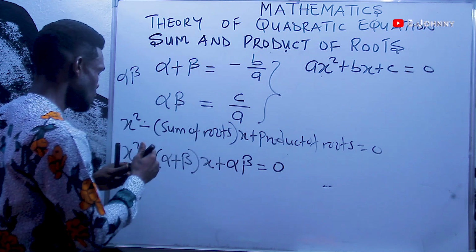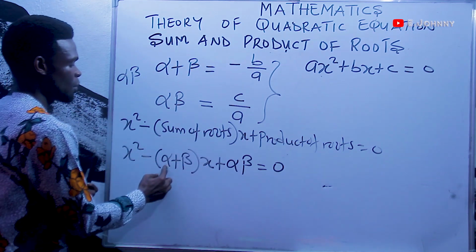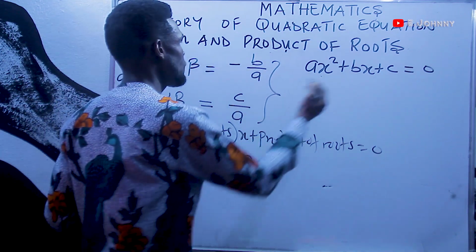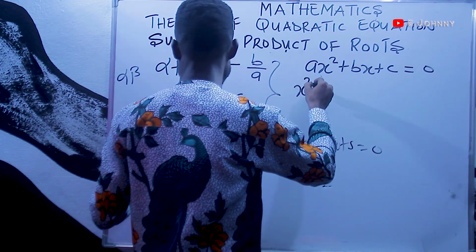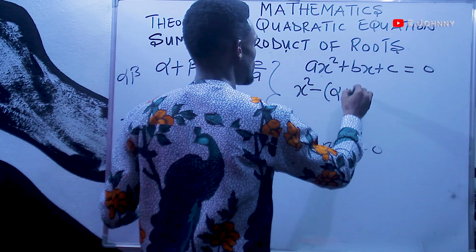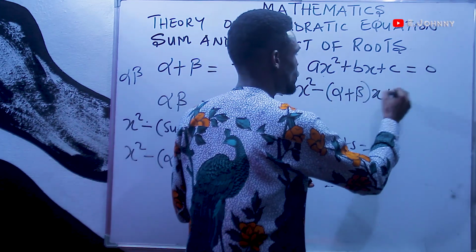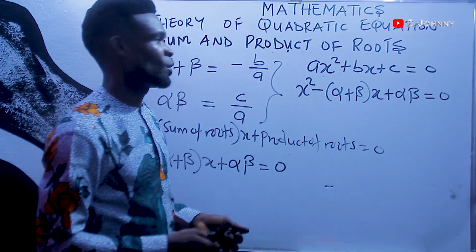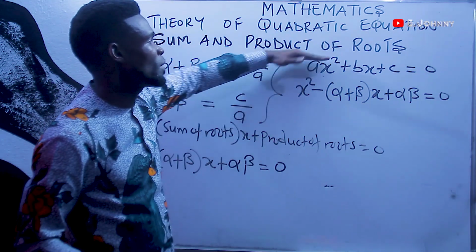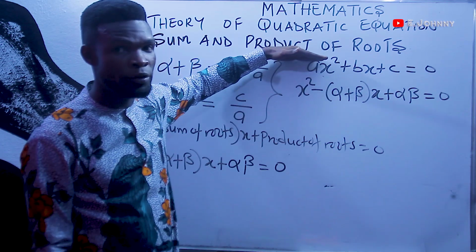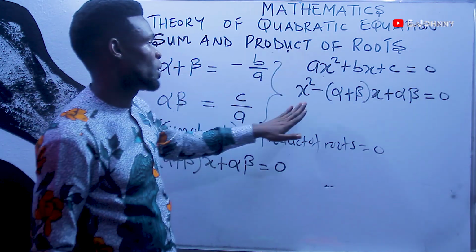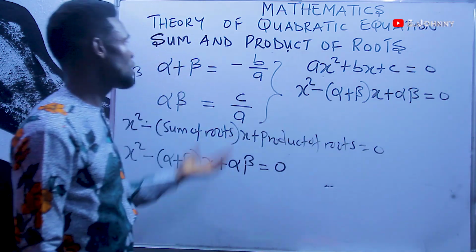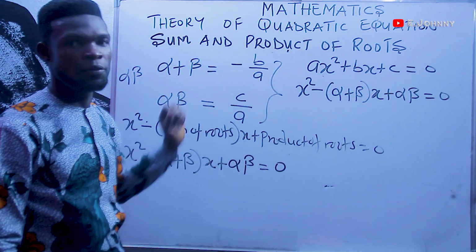Okay, so I have been able to use symbols to represent this statement now. So I can use the general form of a quadratic equation with this formula for forming a quadratic equation to still generate the sum and product of roots.